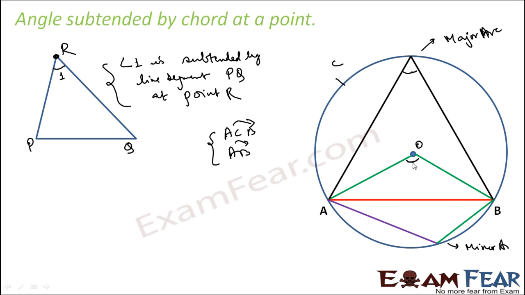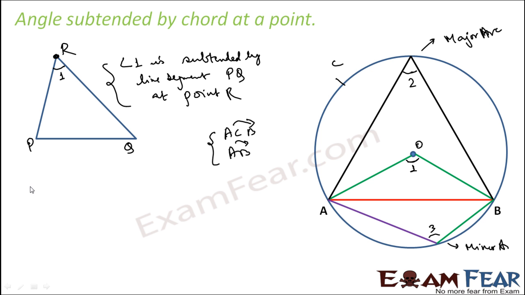Let the center be O. This will be angle 1, this will be angle 2, and this will be angle 3. Right? So this line segment AB subtends an angle 1 at the center. This chord AB subtends an angle 2 at a point in the major arc. The same chord AB subtends an angle 3 at a point in the minor arc.